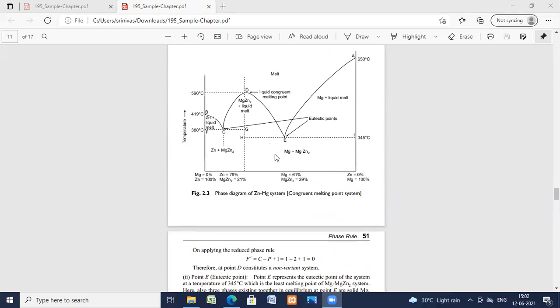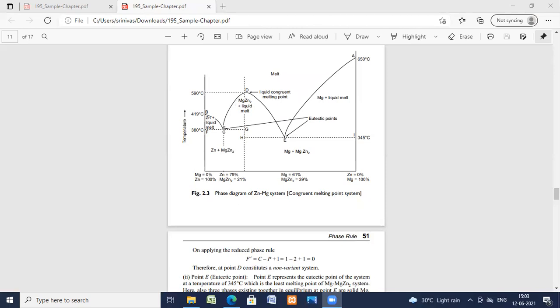Both curves are one and the same. You are having MgZn2 plus liquid melt. So D is the congruent melting point at 590 degrees. At this congruent melting point, the intermetallic compound solid changes into a liquid with no change in composition. It is 590 degrees for the zinc magnesium intermetallic compound.